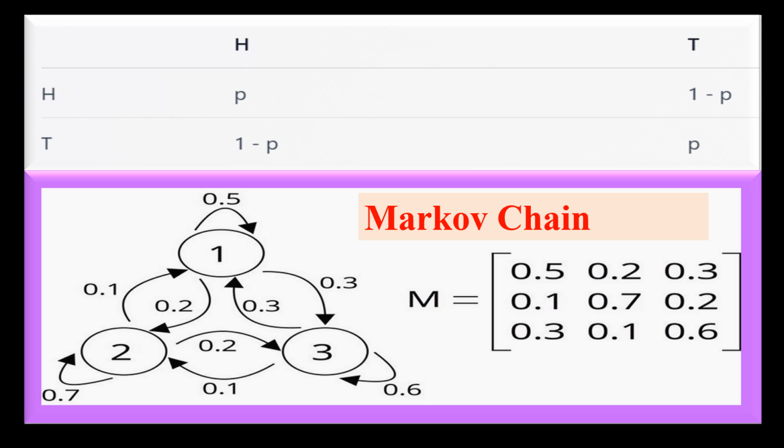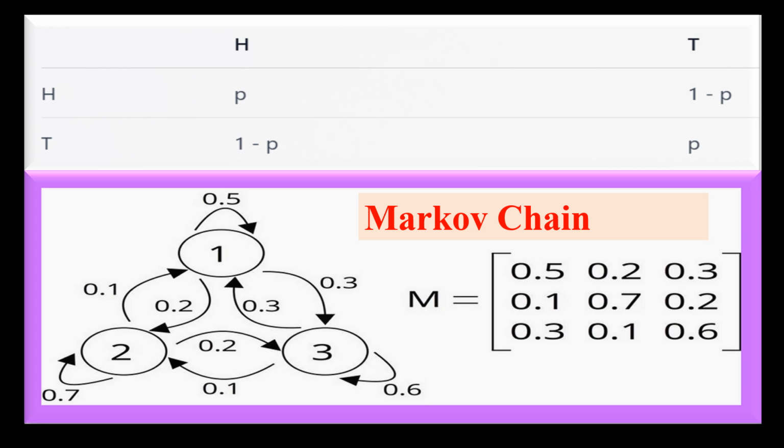Next comes Markov chain. Now this Markov chain is a mathematical model that describes the sequence of events where the probability of each event depends only on the state attained in the previous event. In other words, the probability of a particular event occurring is determined by the current state and the history of preceding states is irrelevant.